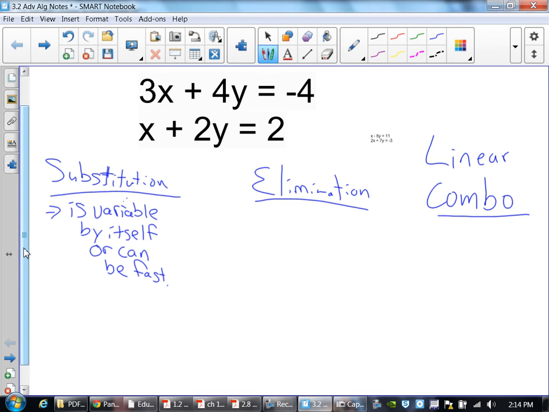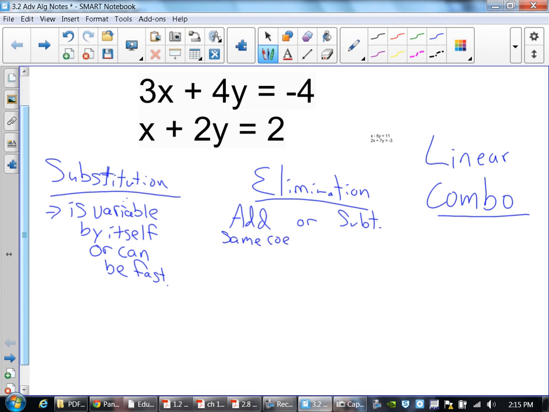Elimination. What I mean by elimination is I can add the two equations together or subtract the two equations together. I can add the two equations together if they have the same coefficient.